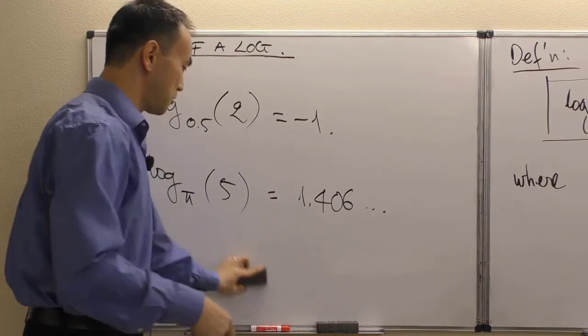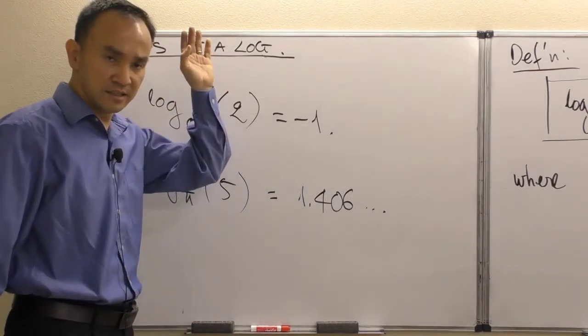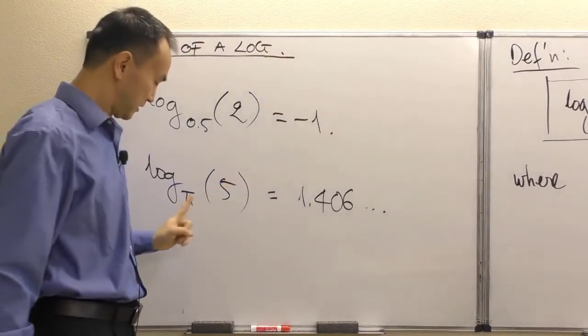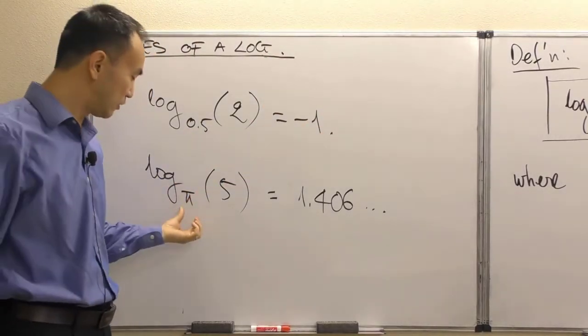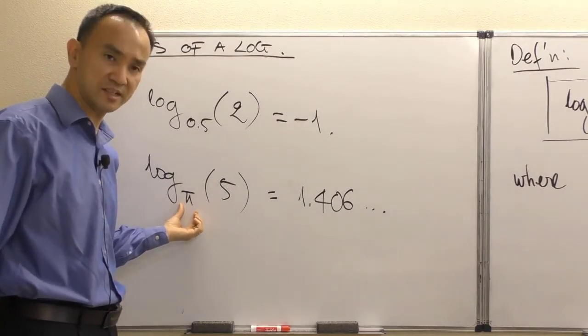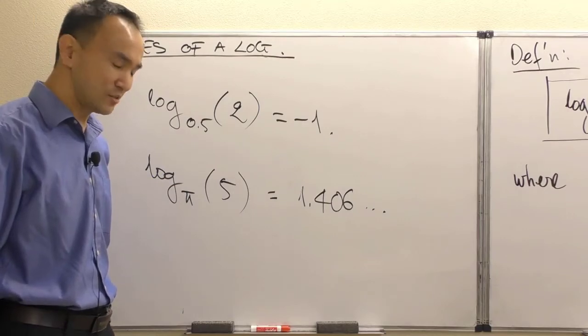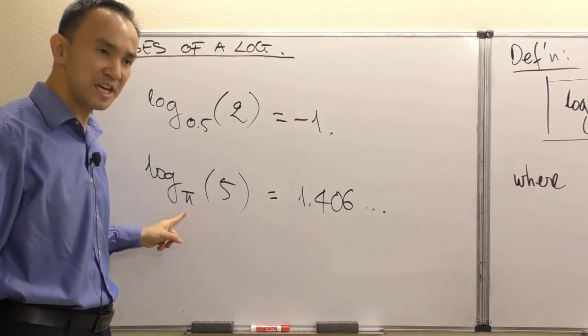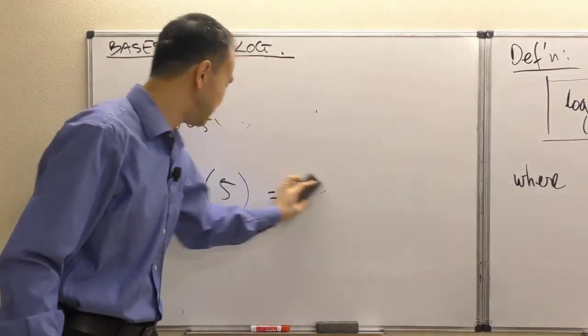My point again is that as long as you have a number being positive and other than 1, we can legally have that number as the base of a logarithm operation. I brought you to this base pi for a reason.